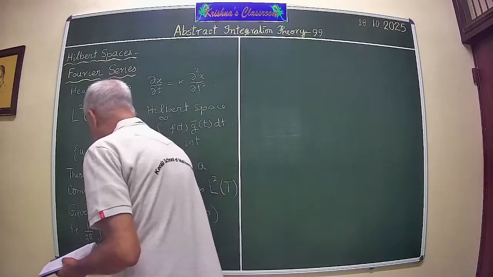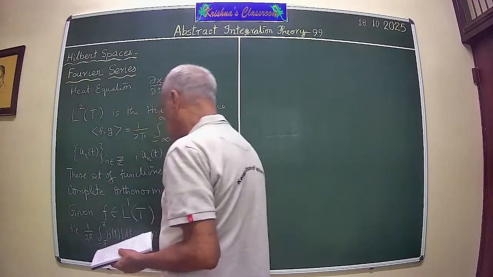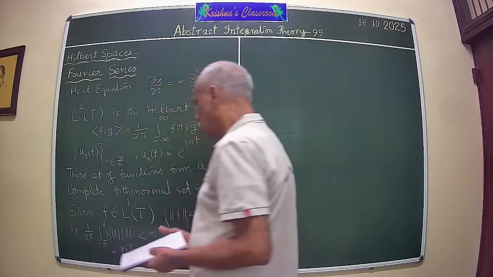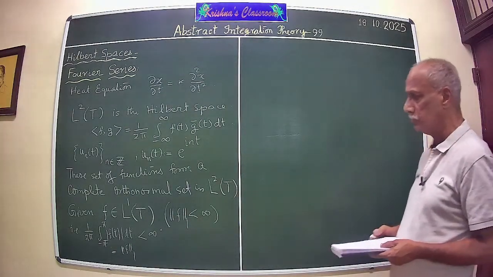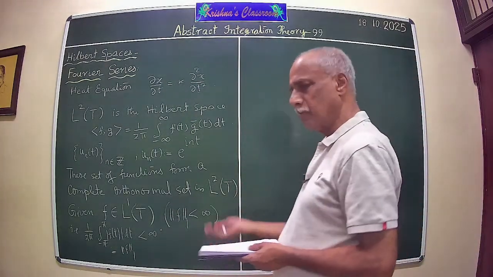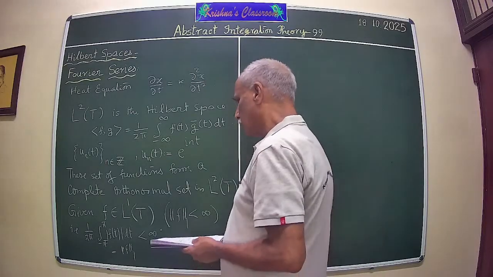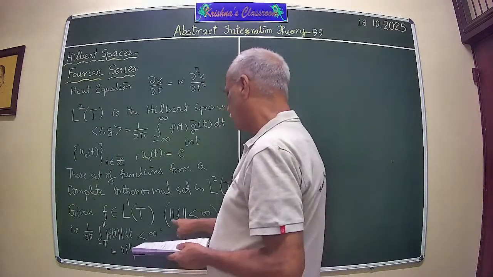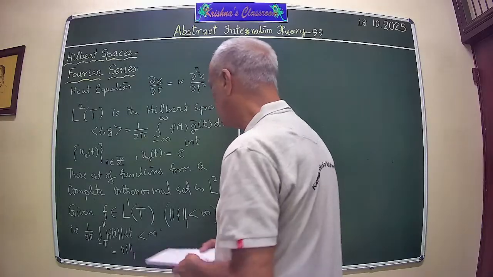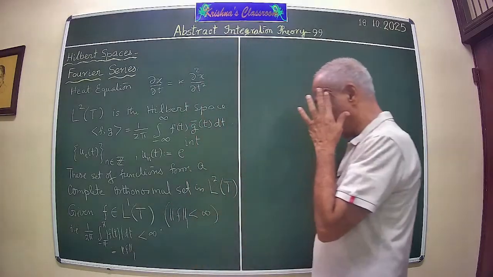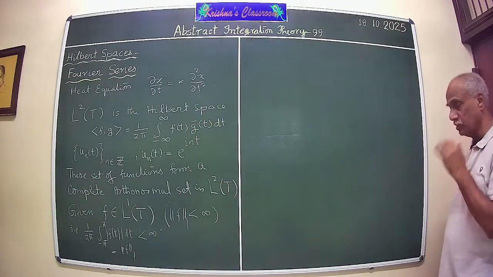This is the one norm. So you take all complex valued measurable functions where norm 1 of f is finite, or periodic functions, of course.